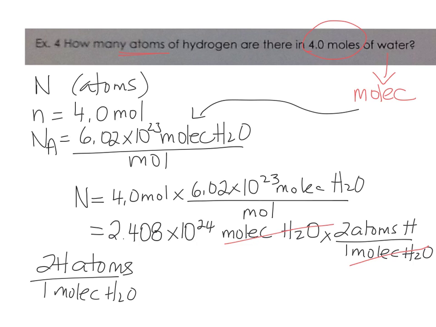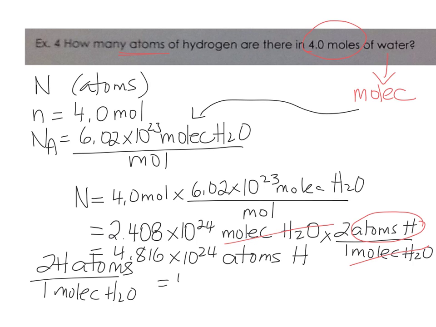The units that I'm left with are atoms of hydrogen, so 4.816 times 10 to the 24 atoms of hydrogen. And now we have to round because this is our final answer. So 4.8 times 10 to the 24 hydrogen atoms.